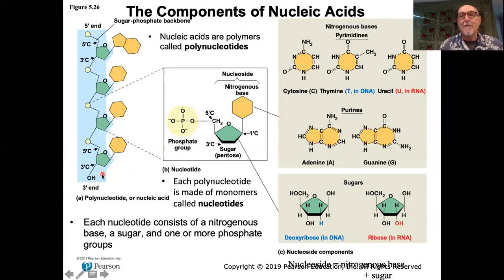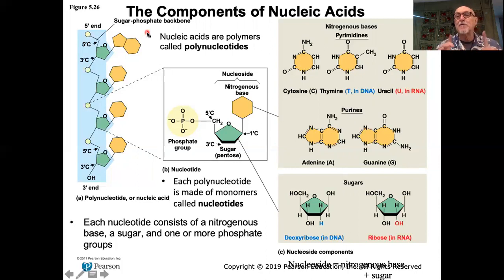So we actually label the strand 5 prime to 3 prime. It's very important that you put the priming in, that you have the orientation of the strand, because the opposing strand comes in the opposite orientation.